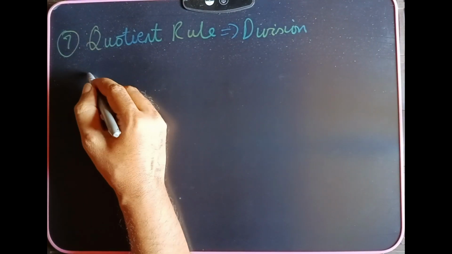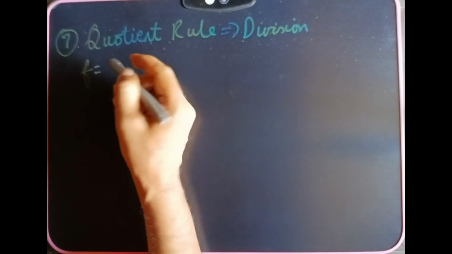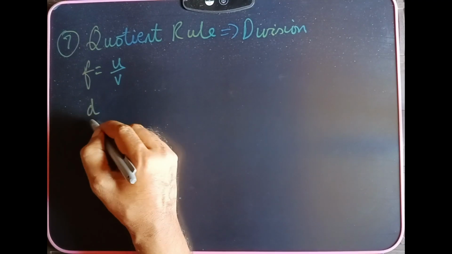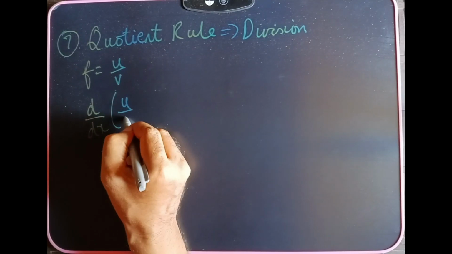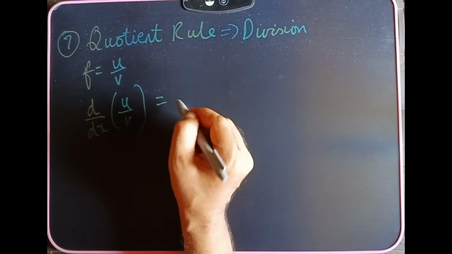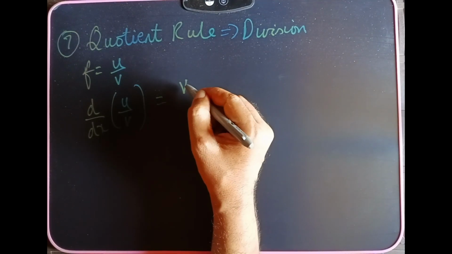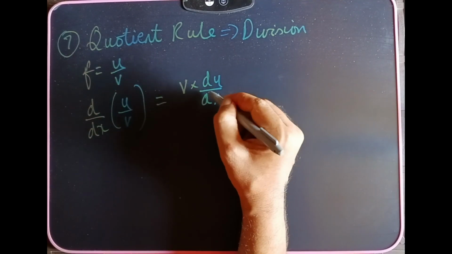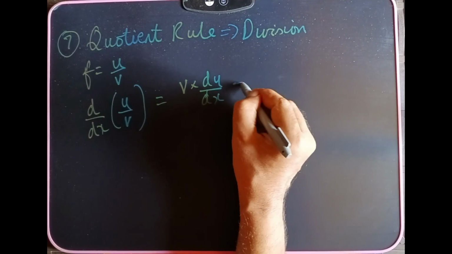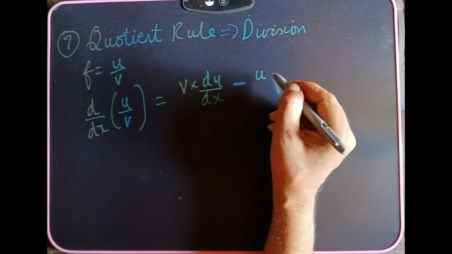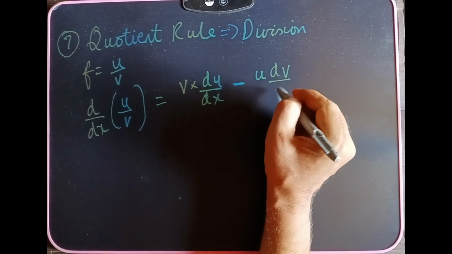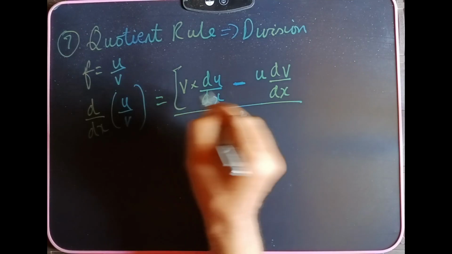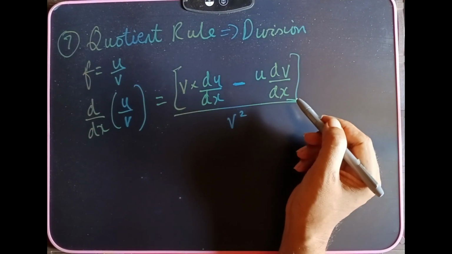Here, if we have a function like u by v, and I want to find the differentiation of this function with respect to x, then I will write first the denominator multiplied by du by dx, the differentiation of u with respect to x, then minus u dv by dx, and the whole thing divided by v square. Okay, this is how you're supposed to solve it.